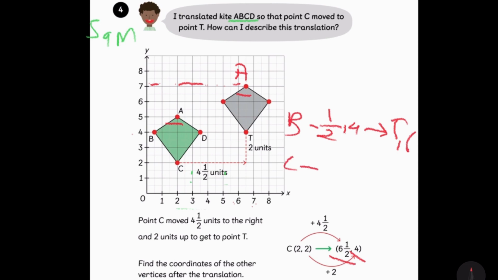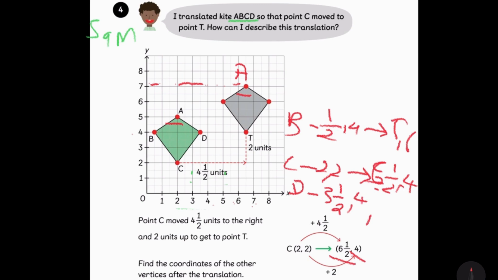And let's do the last, D. D is between 3 and 4, so 3.5, 4 has translated, this is my D, to 8 comma 6. So that is how we have solved. This is 8 comma 6.